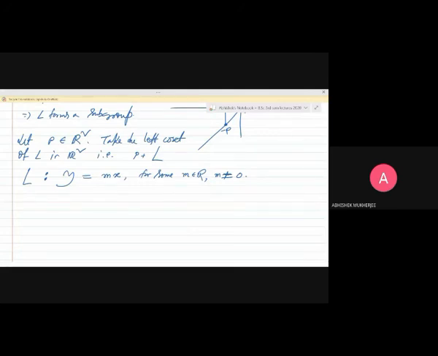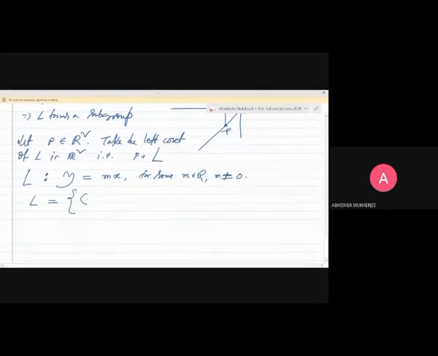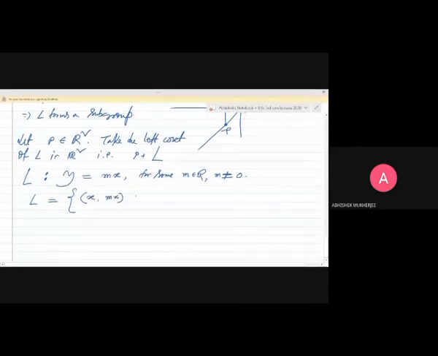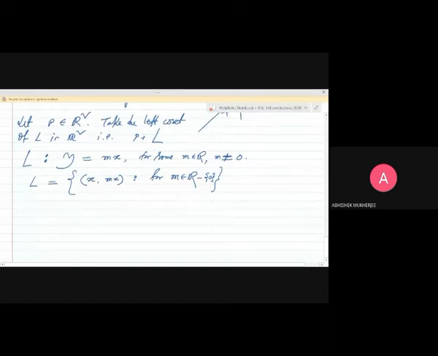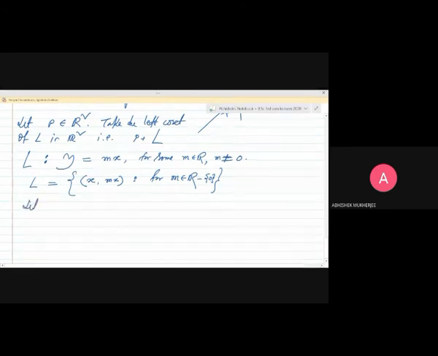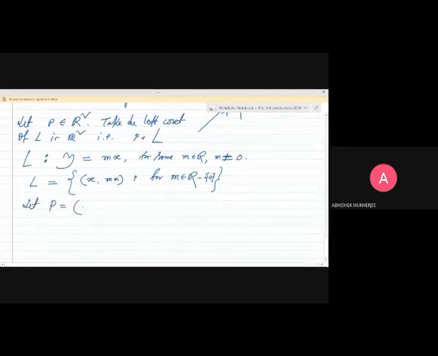So then what will be P plus L? L will have the points of this form: (x, mx) for m belonging to R minus 0. Okay. And let the coordinates of P be (x0, y0).